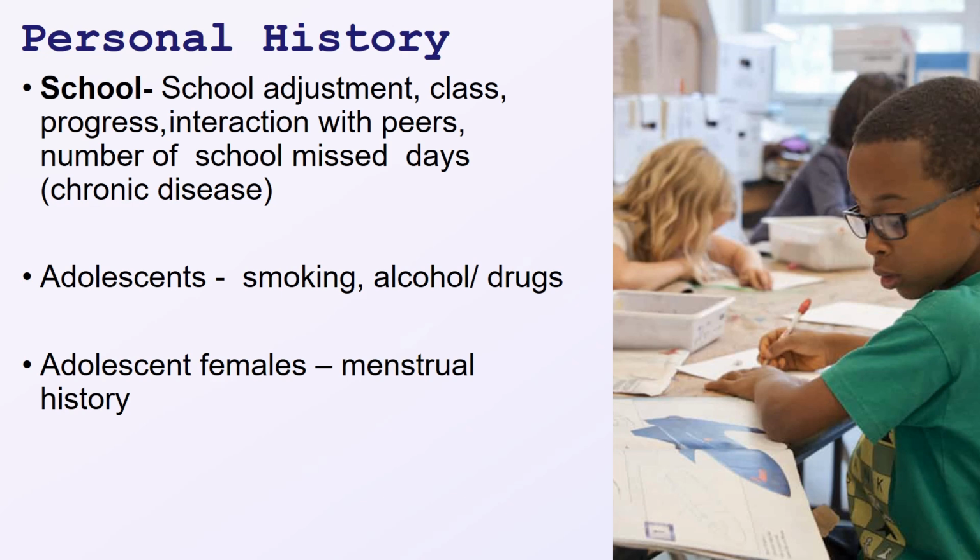Then once the child starts going to school, you ask about school adjustment, class progress, how the child is doing in school, interaction with peers, number of missed school days because of chronic disease. If the child is an adolescent, you ask about habits like smoking, alcohol or drugs. Adolescent females should have the menstrual history taken also.